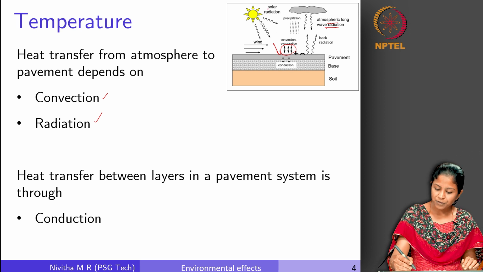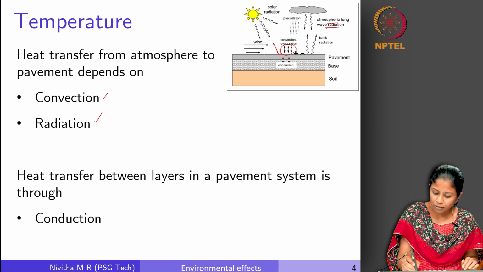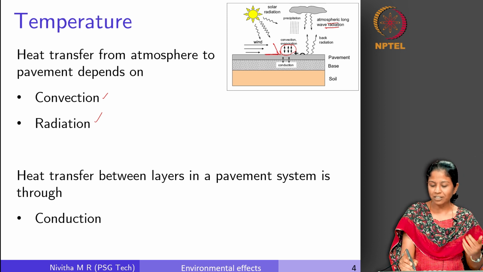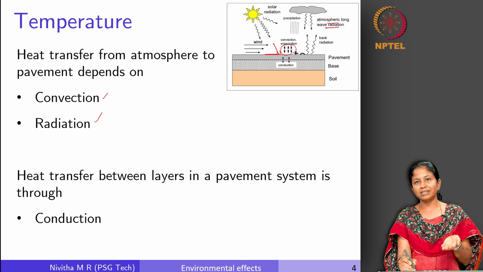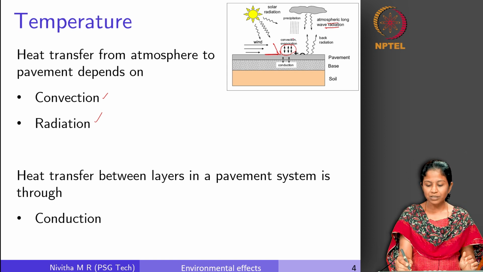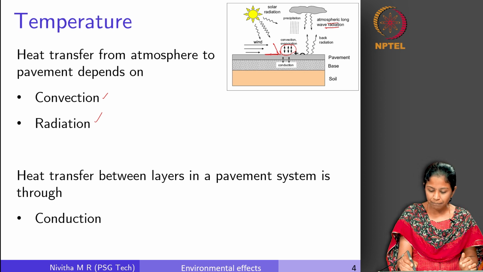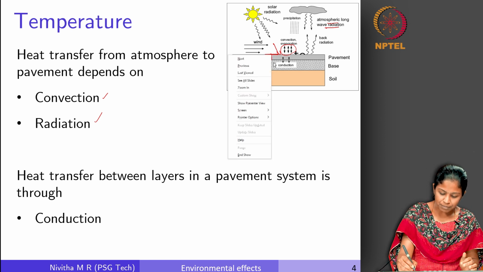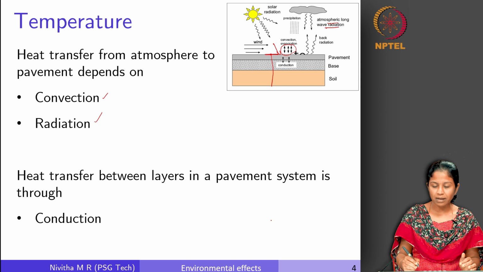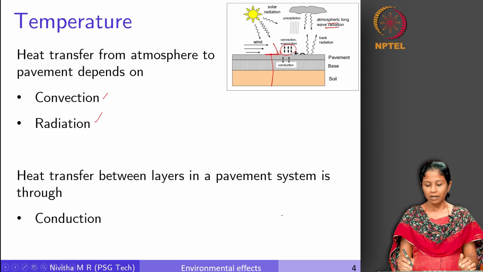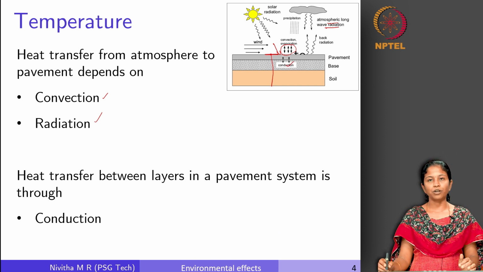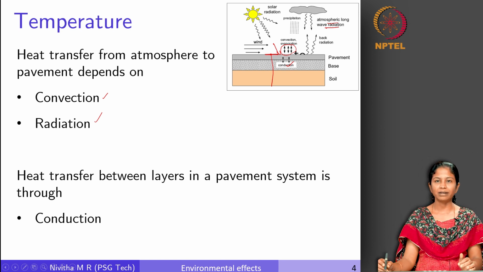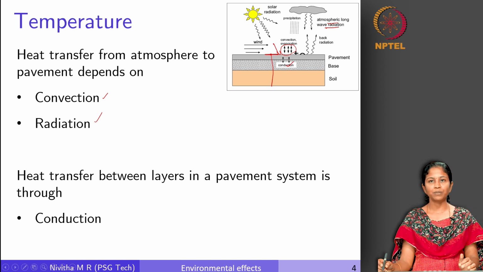From the atmosphere, the amount of heat that falls onto the surface of my pavement, and how much of heat is actually reflected back and transferred from pavement to air, is through convection and radiation. Whereas, once I have a given temperature on the surface of the pavement, what is the temperature gradient that I observe along the depth of the pavement? That is governed by this conduction phenomenon, which mostly depends on the thermal conductivity properties of the individual layers.